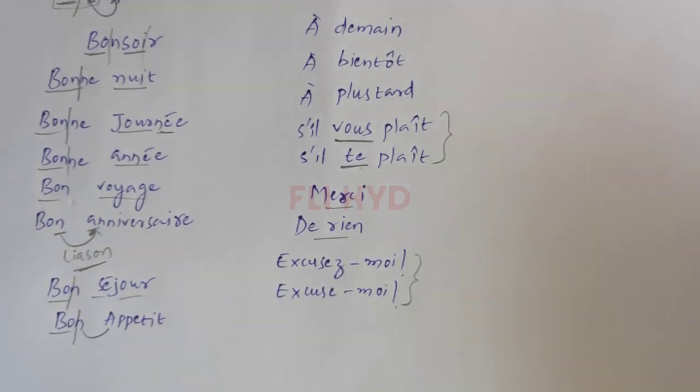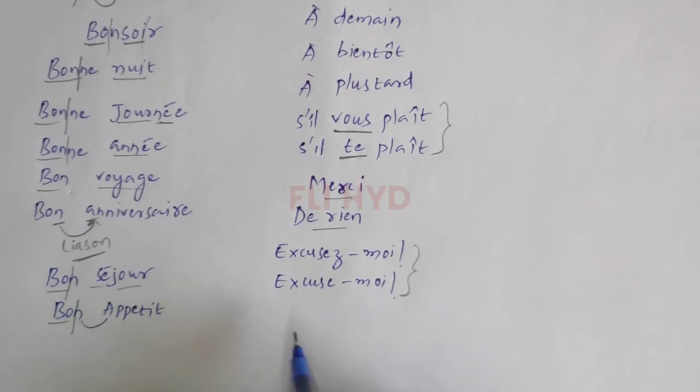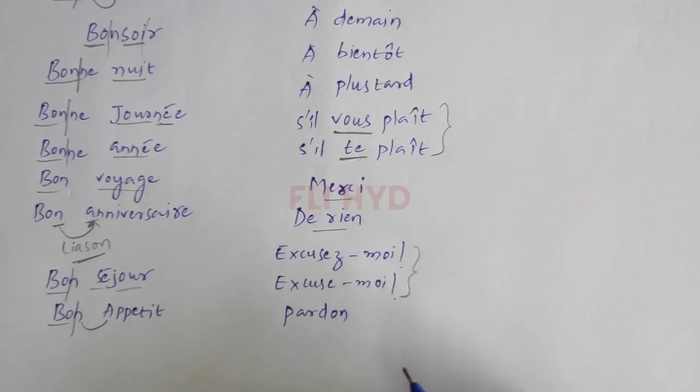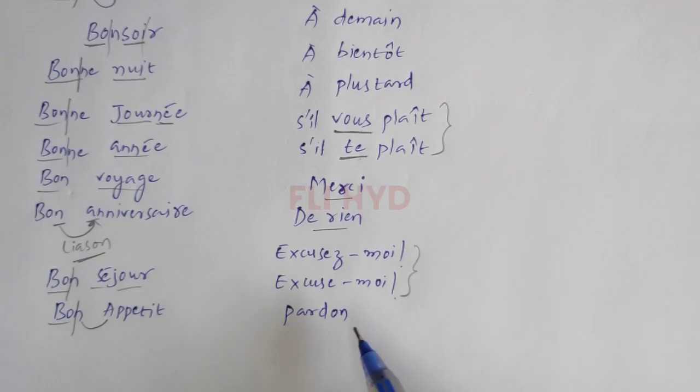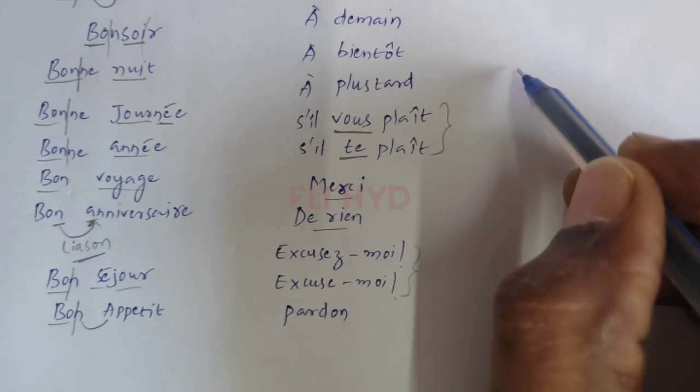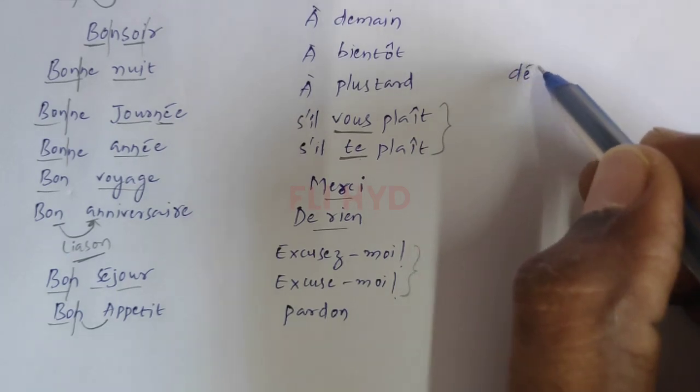Clear? And the same thing we can also say with another expression, pardon. Pardon is also like sorry or excuse me. Like in English we say pardon. Okay. Another expression, désolé. Désolé means I'm sorry.